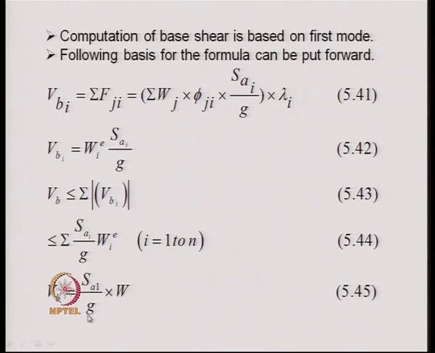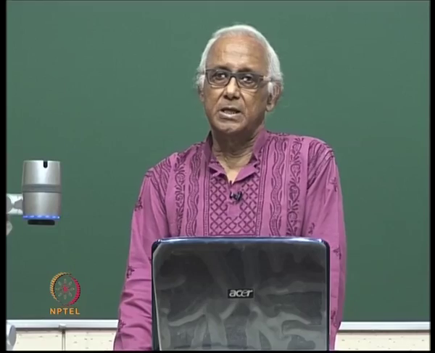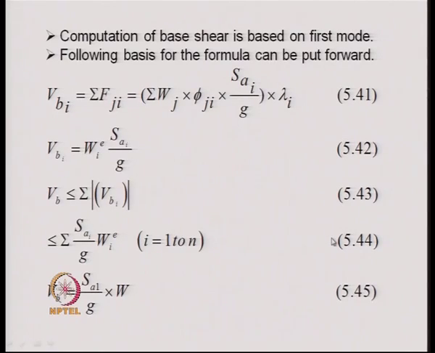Now, if the seismic coefficient happens to be equal to S_a1 by g, then we see that the V_b, the base shear that is used in the seismic coefficient method, is nothing but the base shear that we obtain for the structure by considering only the first mode.